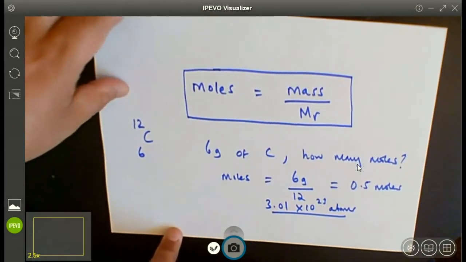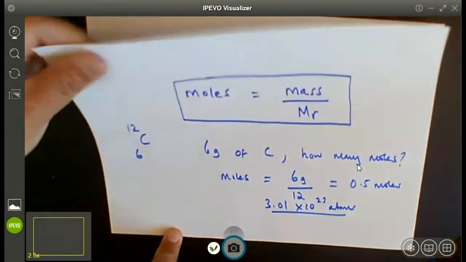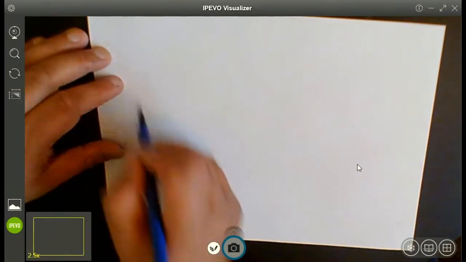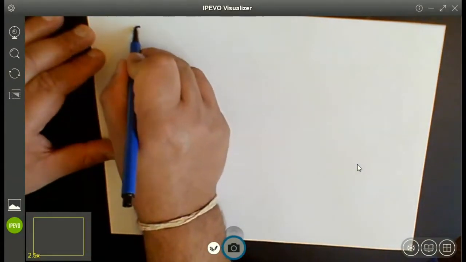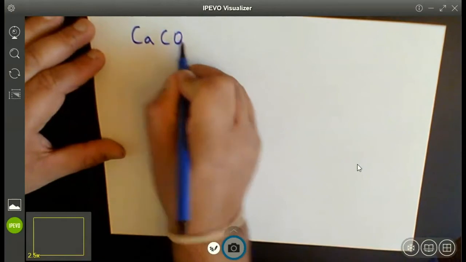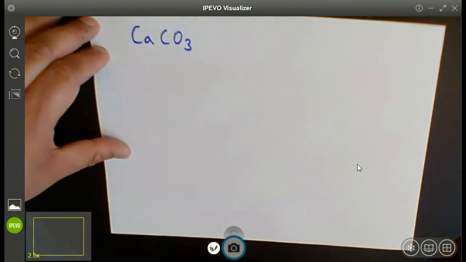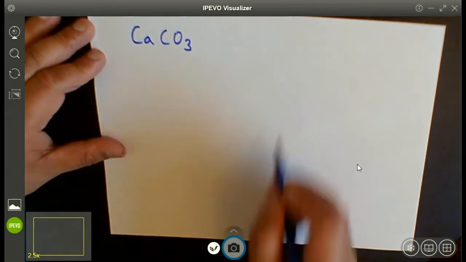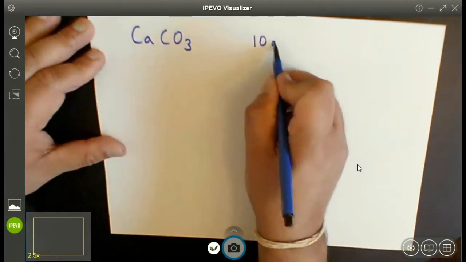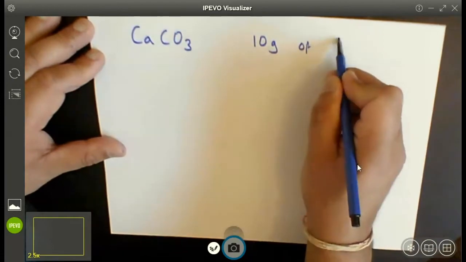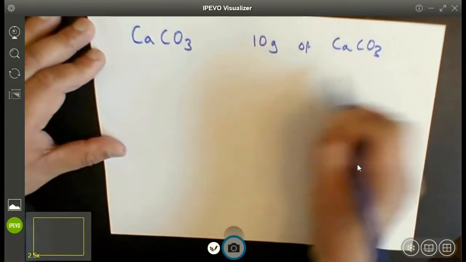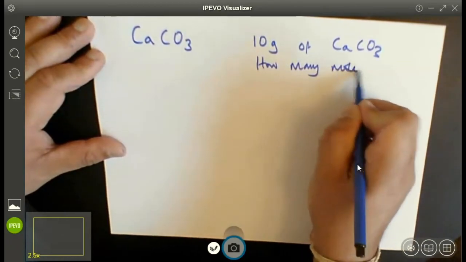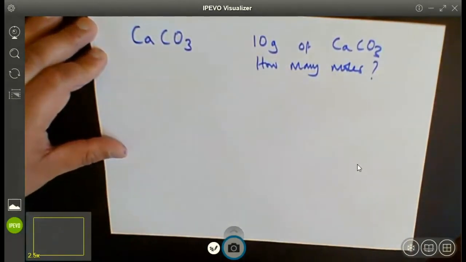Let's give you one more example. And this time, I'm going to give you a compound, CaCO3, calcium carbonate, and I am going to weigh out 10 grams of calcium carbonate. So how many moles have I got there?